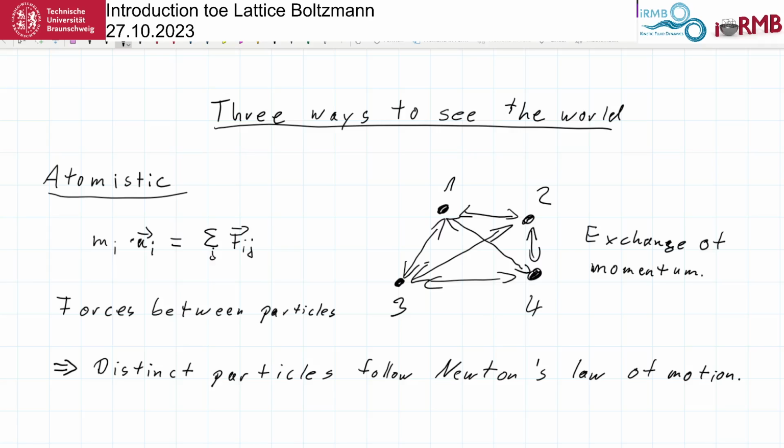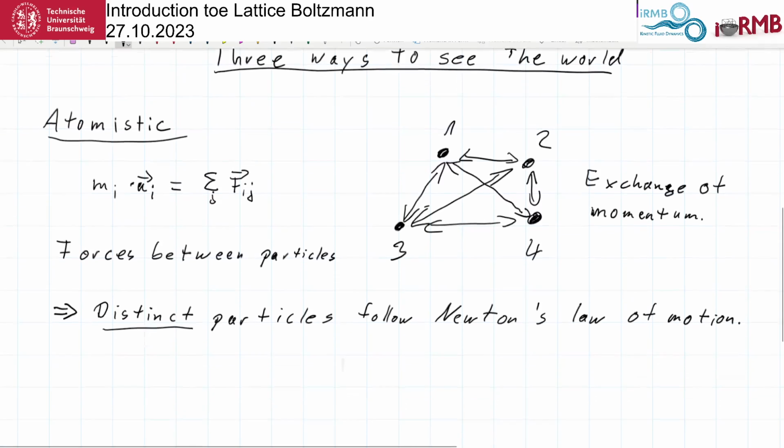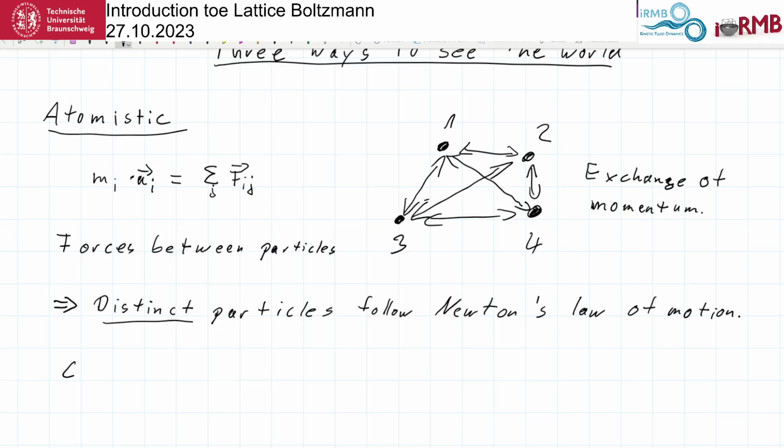Atoms came much later. He was concerned with big bodies, planets, forces between planets, or an apple, for example, but not atoms. But actually, these atoms behave according to Newton's laws. And there are distinct entities, like distinct apples, distinct planets.